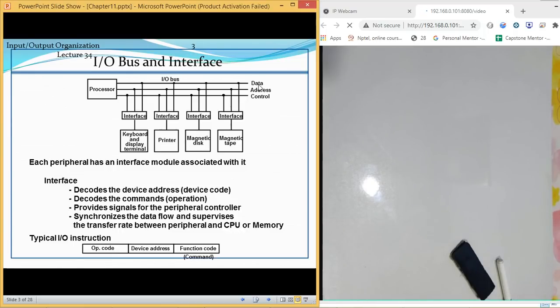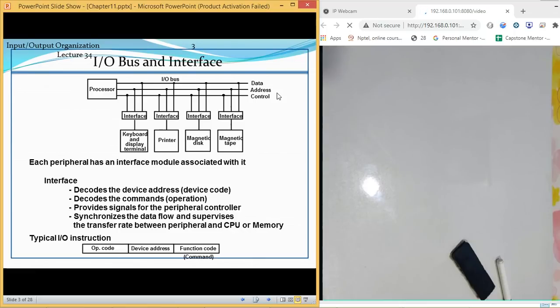The second bus is the address bus, on which the address will be sent. And the last one is the control bus, which will tell us how and from where we have to read or write the data. So there are three different types of buses, and combined we call it the input output bus system. In this bus system, three different types of data will be flowing: first, the content related to the data; second, content related to the address; and third, content related to control.